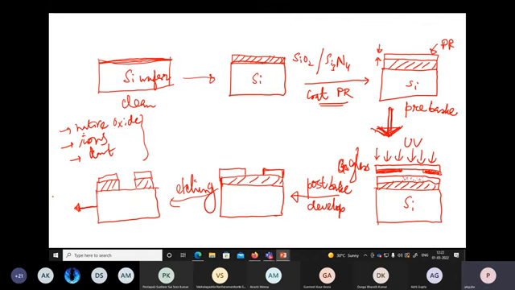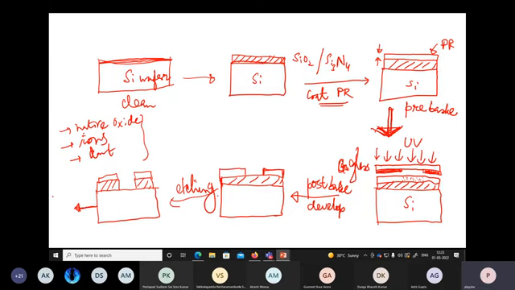Then you do a post baking. So you heat up the substrate again in an oven, bring it out from the oven, and put it in a developer. Developer is basically a chemical solution which removes resist from the portion where its property was changed. So here the resist is removed.